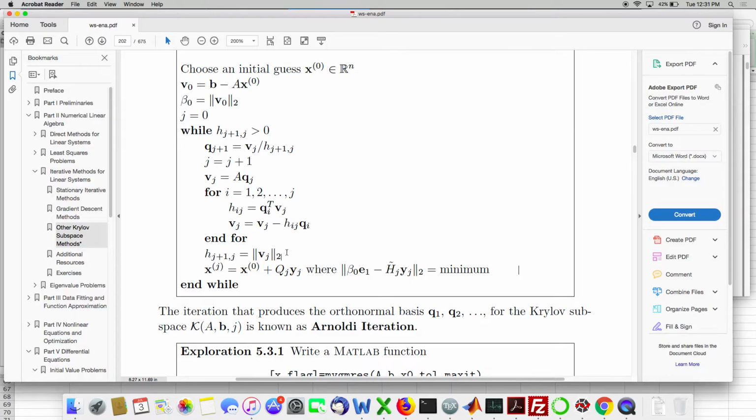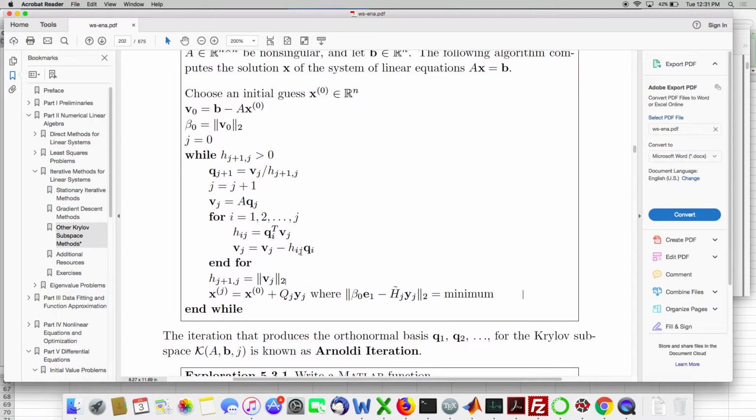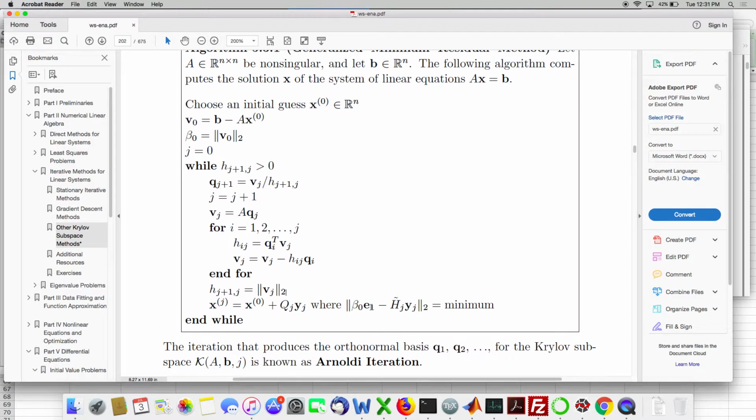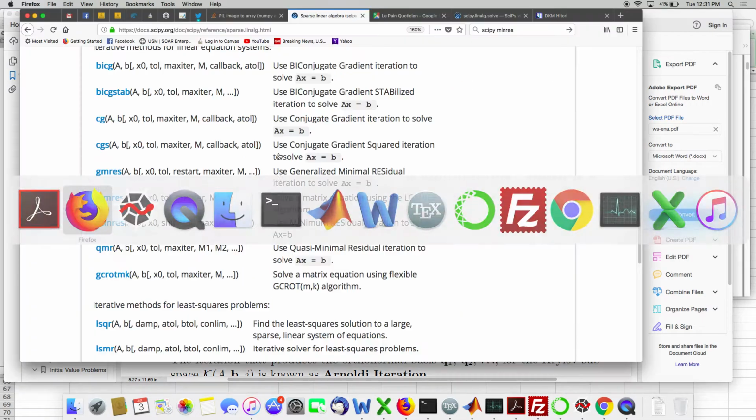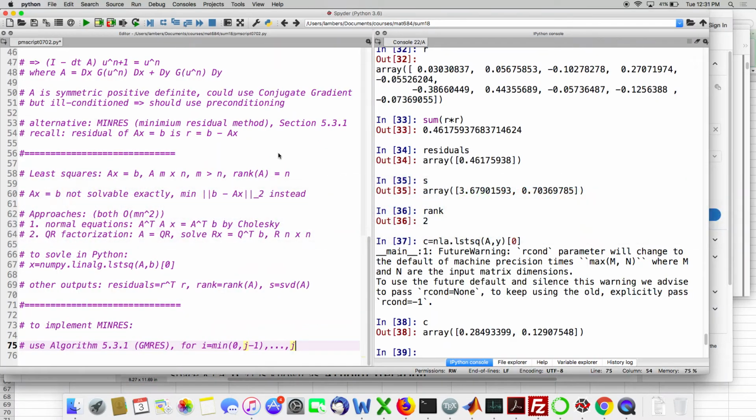So this is the basic idea behind MINRES: solving this least squares problem, where the matrix is almost square. It has one more row than columns, so that's what makes it an overdetermined system. This is the role that least squares plays for these iterative methods, GMRES and MINRES.